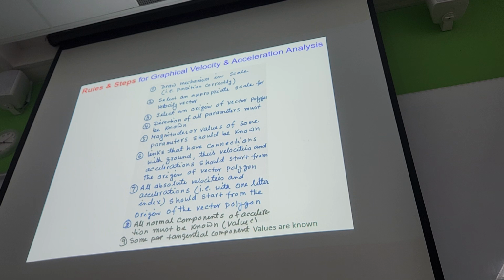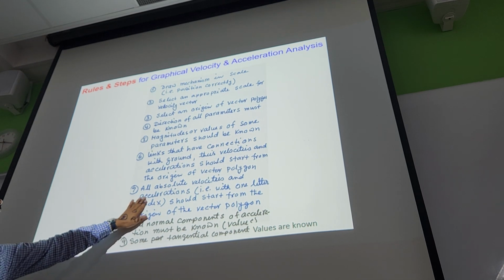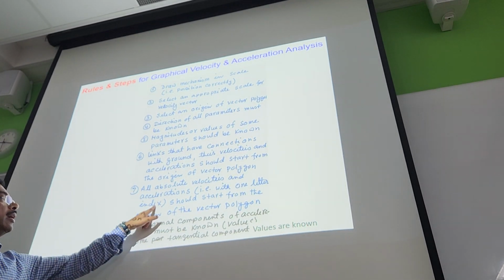I'll show you in a second what one letter index means. Those velocities and acceleration should also start from the origin of the vector polygon, the ones with one letter index.